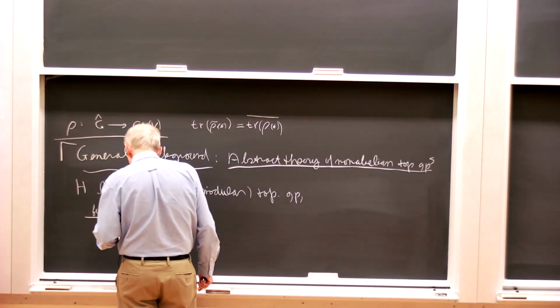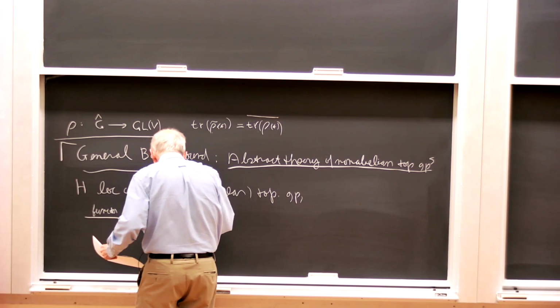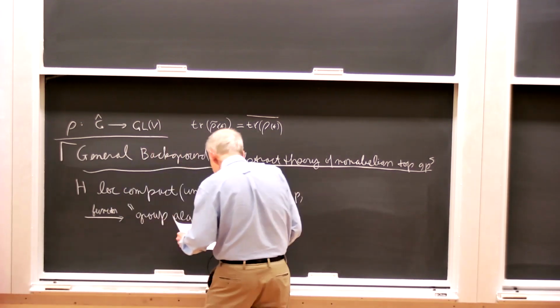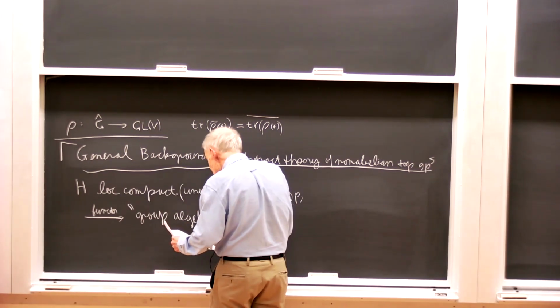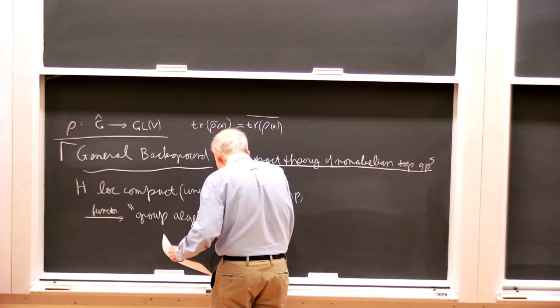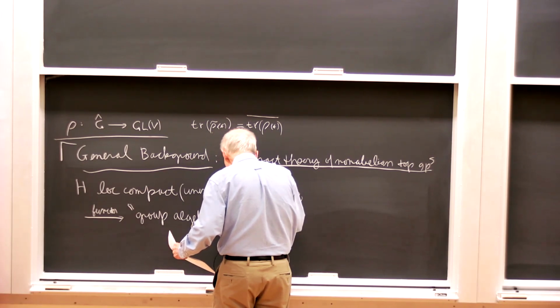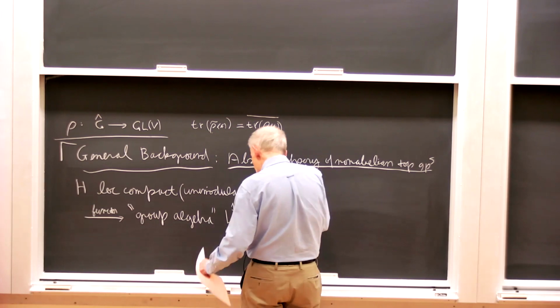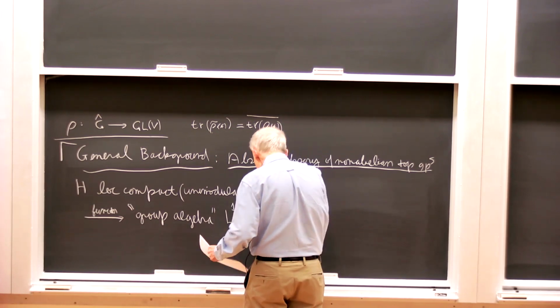So the group algebra of G, and what is it? Its analog is L1 of H, the L1 functions on H under convolution.